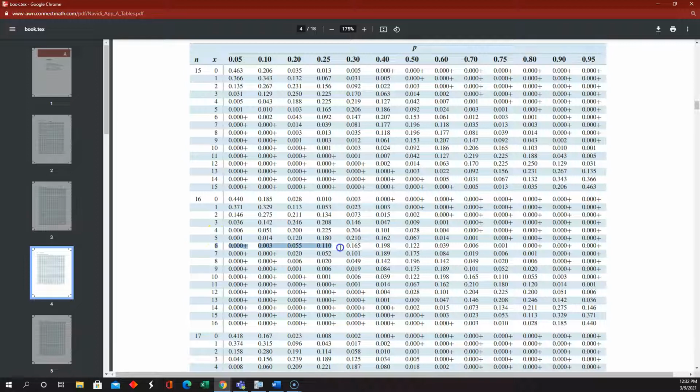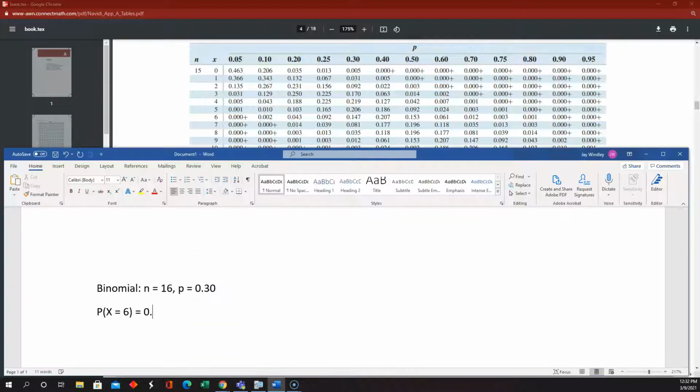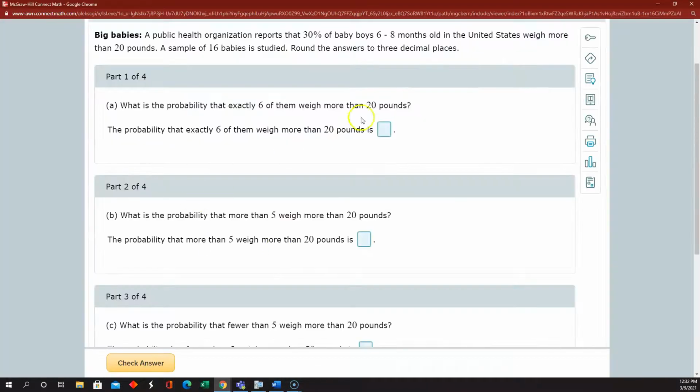Speaking of which, there's 6. So when n is 16 and the probability of success is 0.30, the probability of 6 successes is 0.165. And because the table shows the answers to 3 decimal places, that's why they've asked up here to round answers to 3 decimal places.